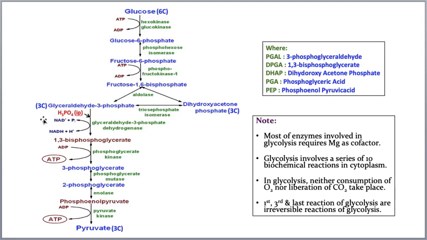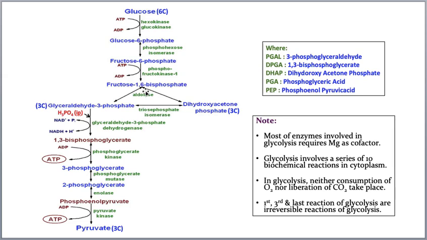The first one formed is called glyceraldehyde 3 phosphate, which has 3 carbons, whereas the second compound is dihydroxyacetone phosphate, which also has 3 carbons. Now you join them, 3 plus 3, how many? 6 carbons. Understanding?